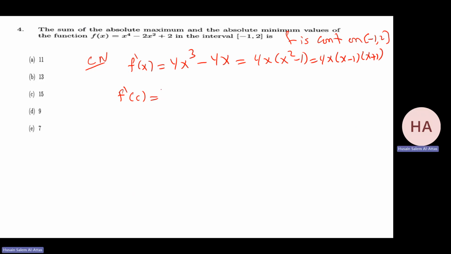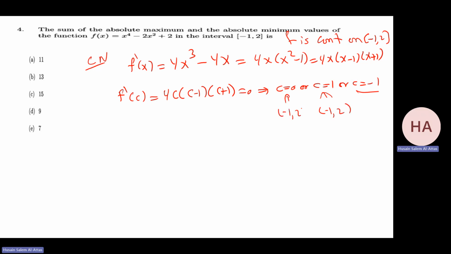So 4c, c minus 1, c plus 1 equals 0. So I have c equals 0, or c equals 1, or c equals minus 1. This is actually an endpoint. And this one belongs to minus 1 and 2. This one belongs to minus 1 and 2. So I need to check f at 0, f of minus 1, f of 1.